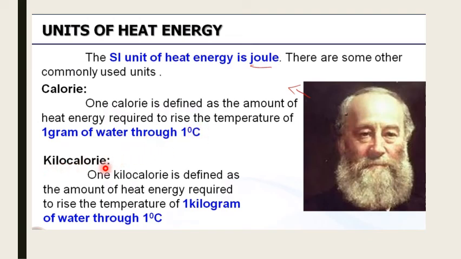Next one is the kilocalorie. 1 kilocalorie is defined as the amount of heat energy required to raise the temperature of 1 kilogram of water through 1 degree centigrade. This is the scientist named Joule.